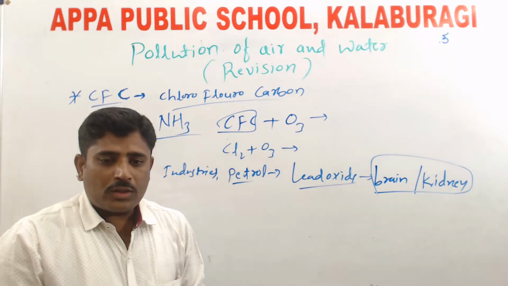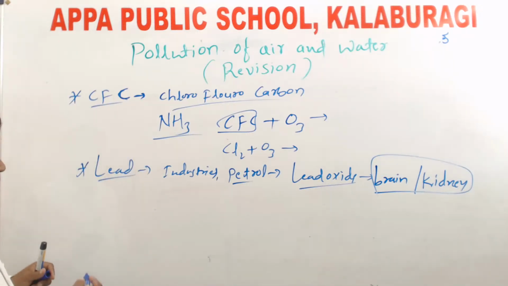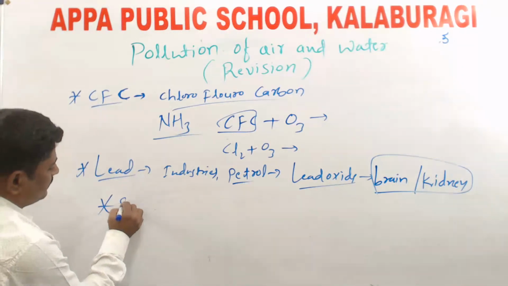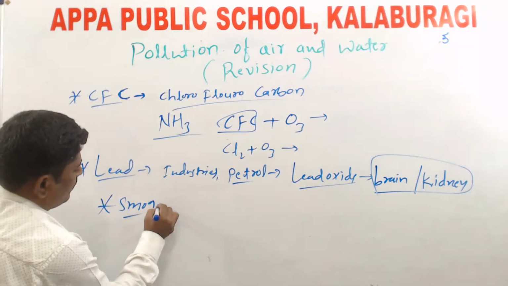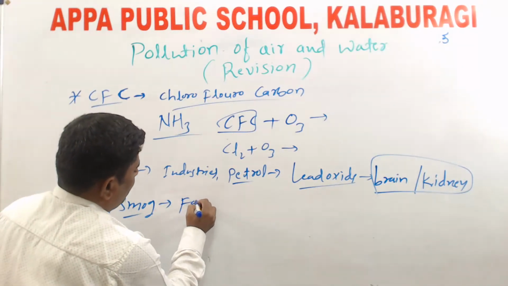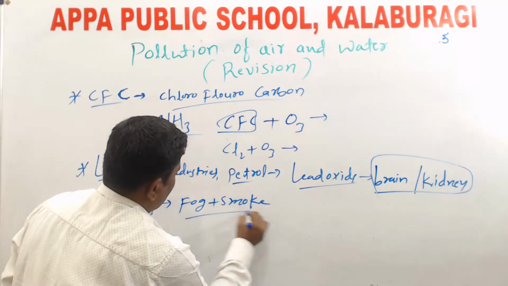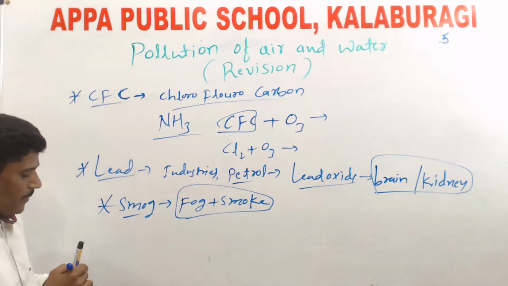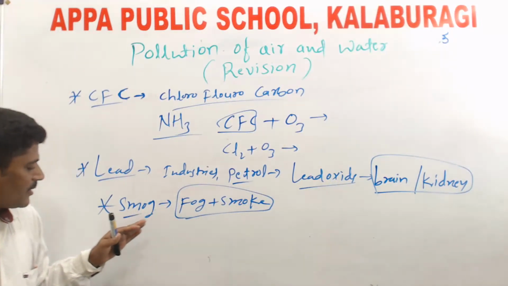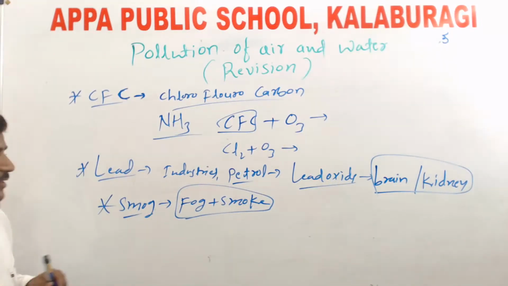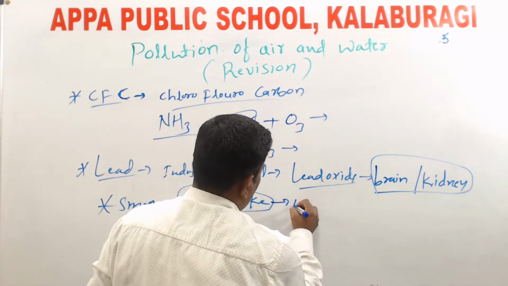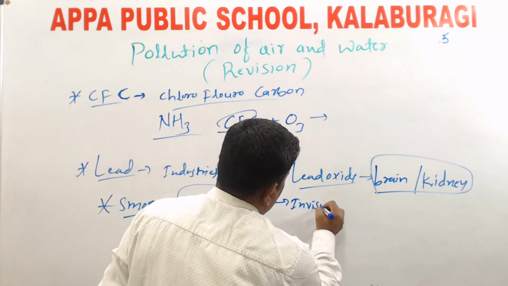What are the effects of air pollution? You know very well, smog. Fog plus smoke gives you smog. What is the effect of this smog? Invisibility, already I told you.